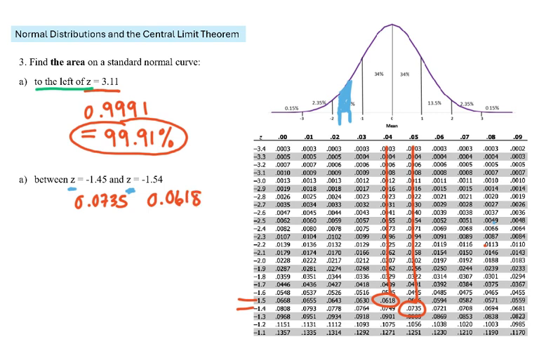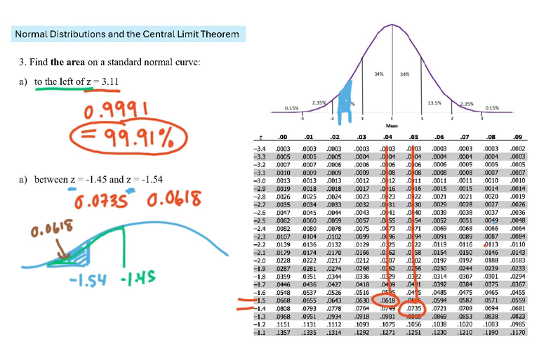And for negative 1.54, it looks like this number, 0.0618. So what's happening on the picture is we found this percentage at negative 1.54, and we get 0.0618. And then at negative 1.45 we have this area, and it's 0.0735. Now what they're actually asking for is the area between those two numbers.